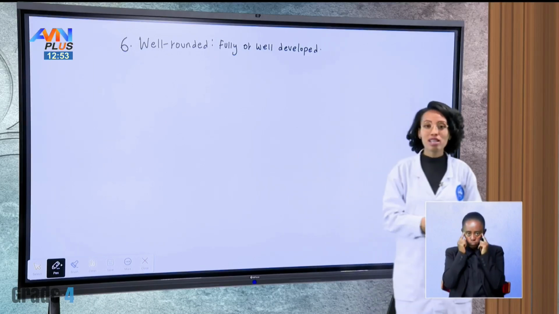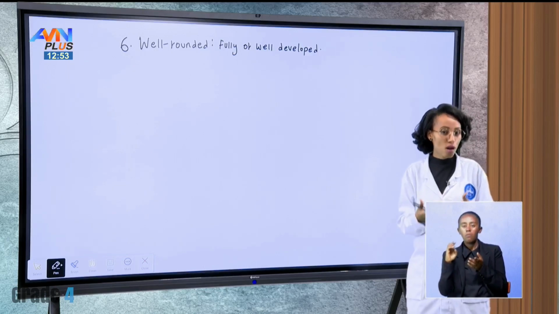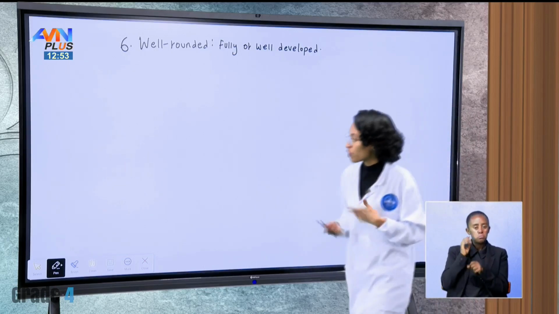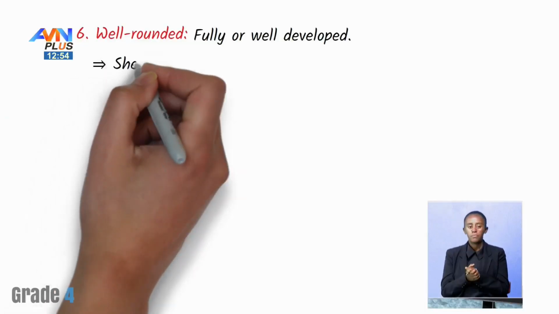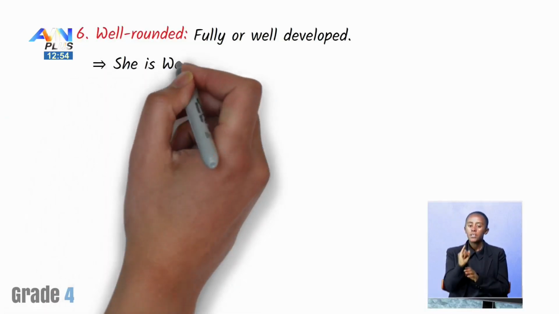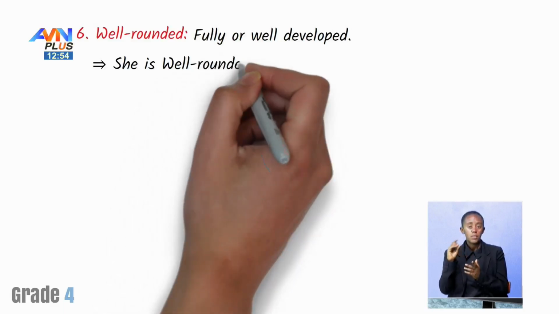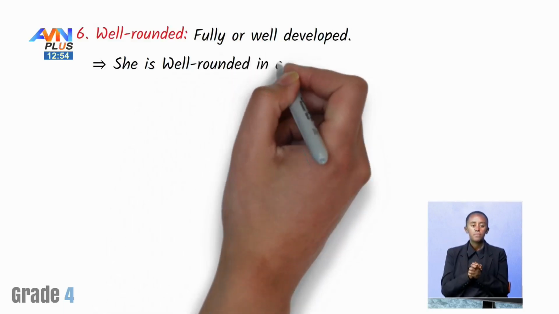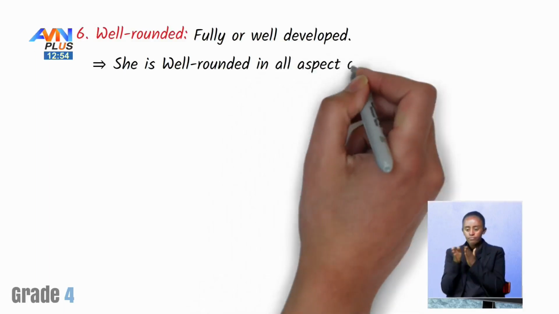So if we say someone is well-rounded, we are giving them a good compliment. Okay, let's see an example here. She is well-rounded in all aspects of her life.